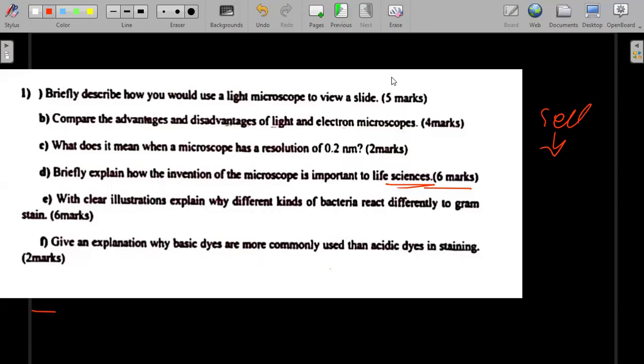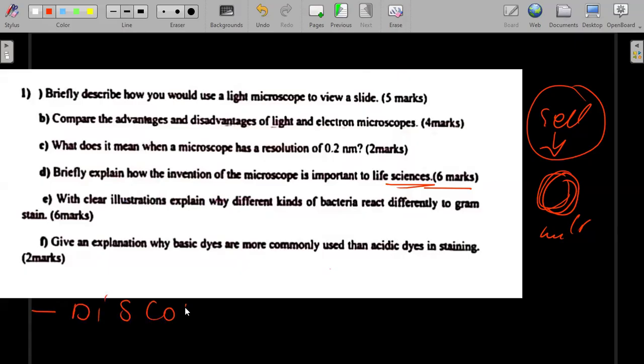The first guy who discovered the structure of the cell, I remember, got a part from a plant, then viewed it using a microscope, isn't it? So in short, one of the points I'm trying to raise here, the importance of microscope in science, is that you can use it for discovery. It's the one which was used to discover cells.